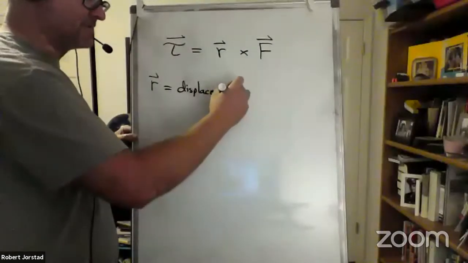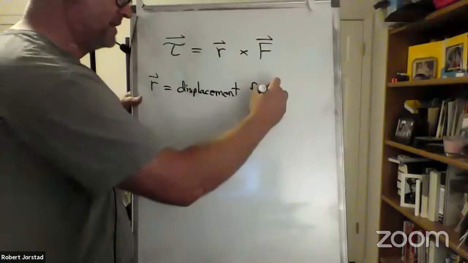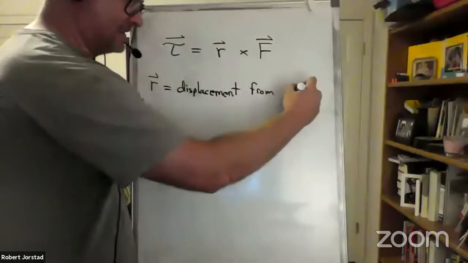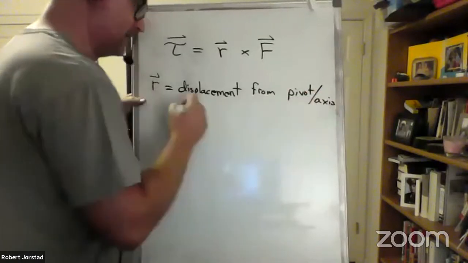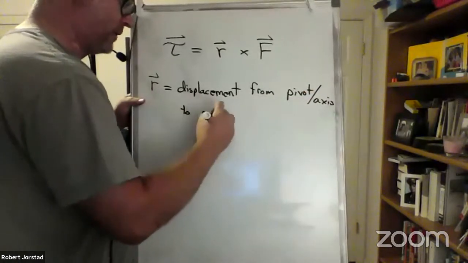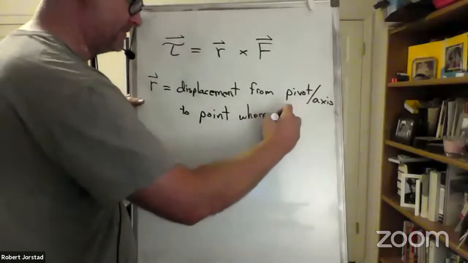I'll just say it's displacement from pivot or axis to point where force applied. Good. Does everybody remember that?